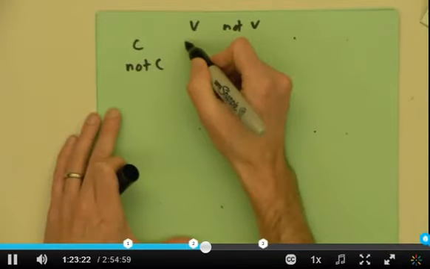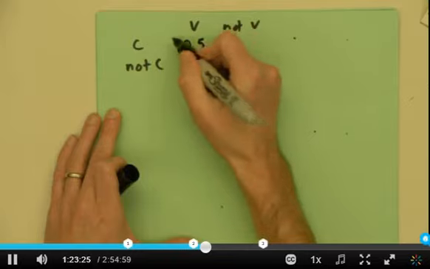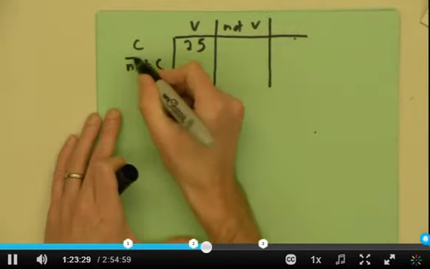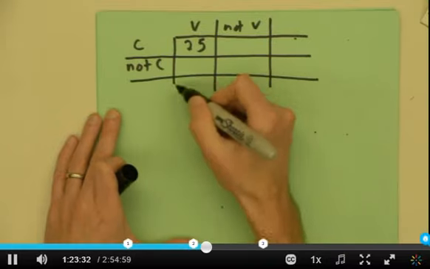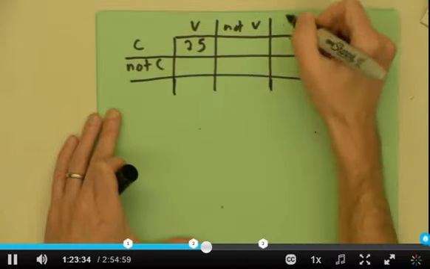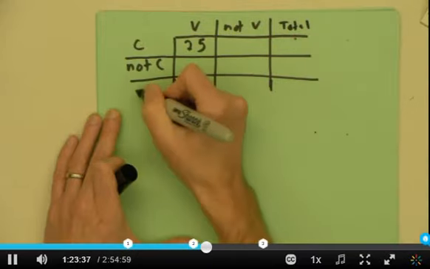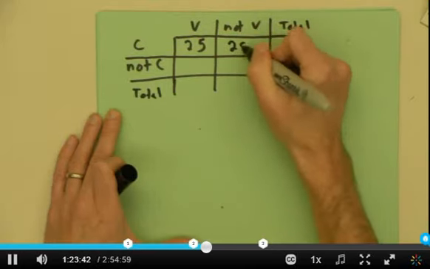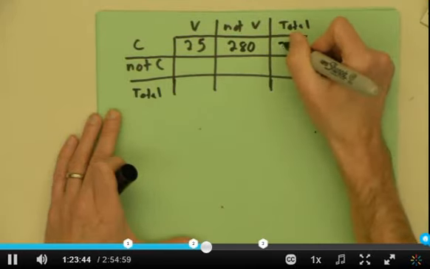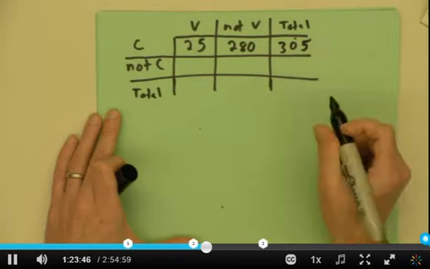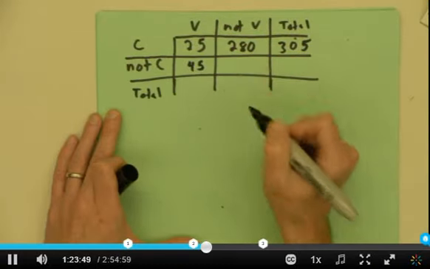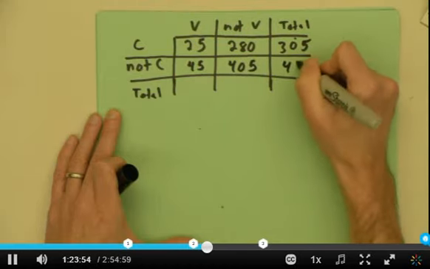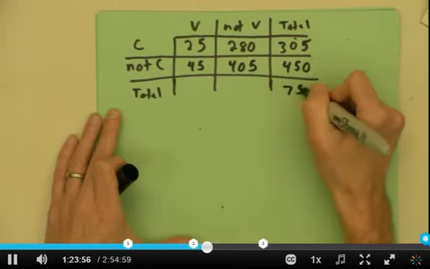And so 25. Total. 25, 280, 305, 45, 405, 450, 755.